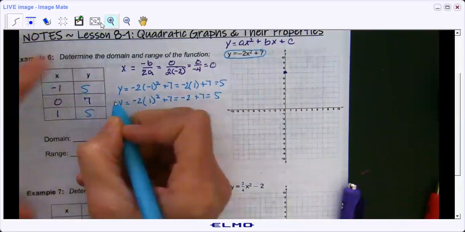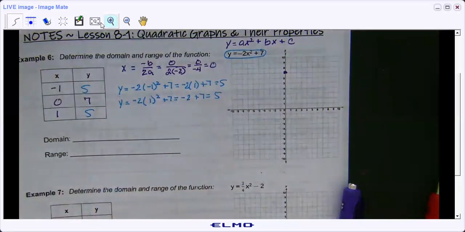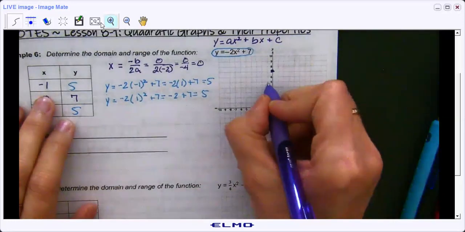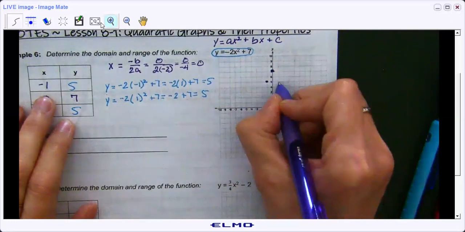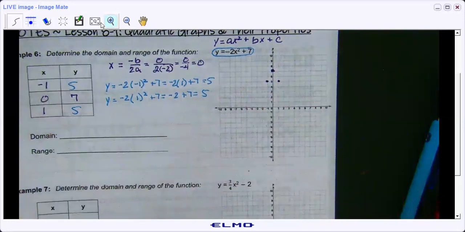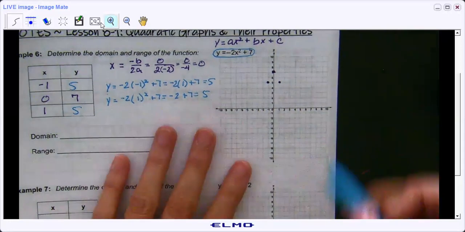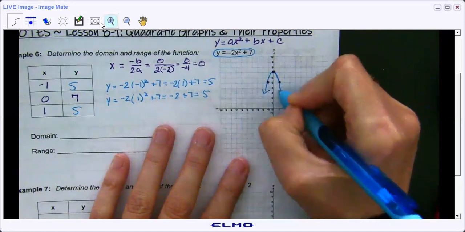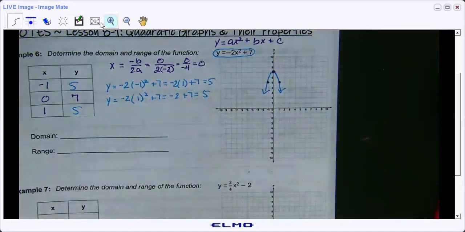And you'll notice that both your y's are the same, so let's plot those 2 points. We have -1 and 5. And we have 1 and 5. So much easier than trying to figure out what those points could possibly be. And you'll see that a little more as we go and practice some of these problems.